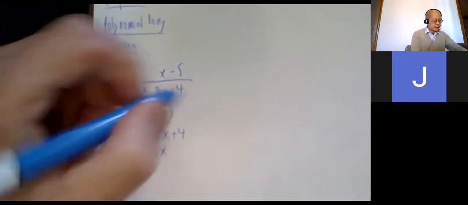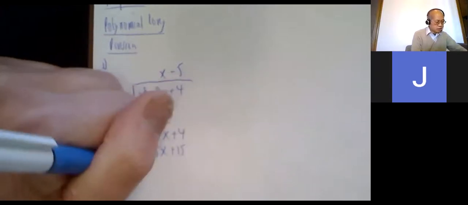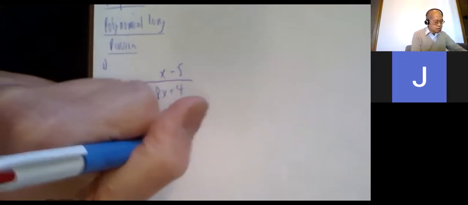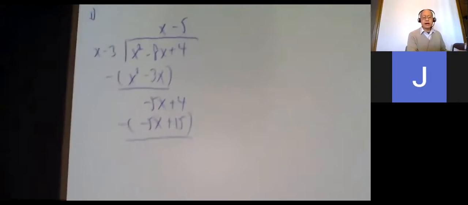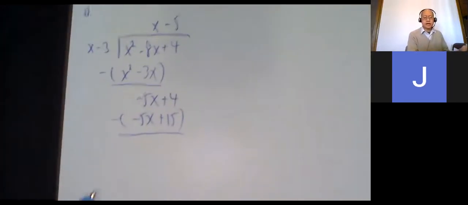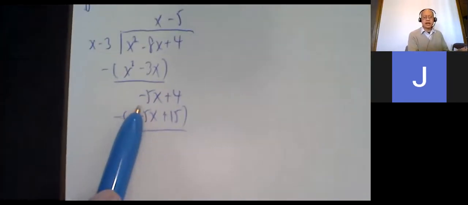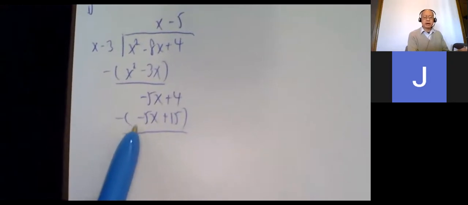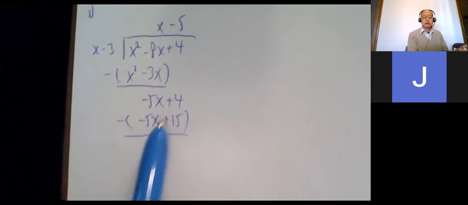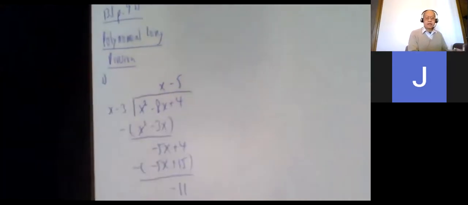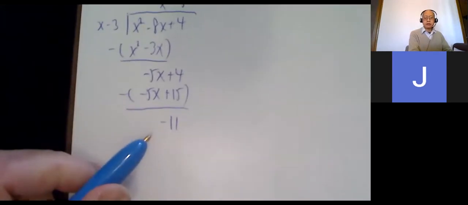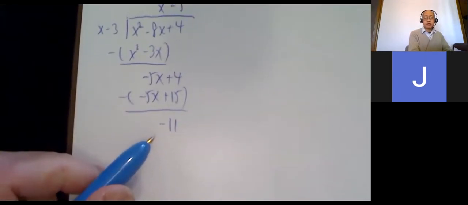Negative 5 times negative 3 is a positive 15. Subtract. This cancels out, doesn't it? It's negative 5x minus a minus, or plus 5x, so that's gone. 4 minus 15 is a negative 11. This is my remainder.